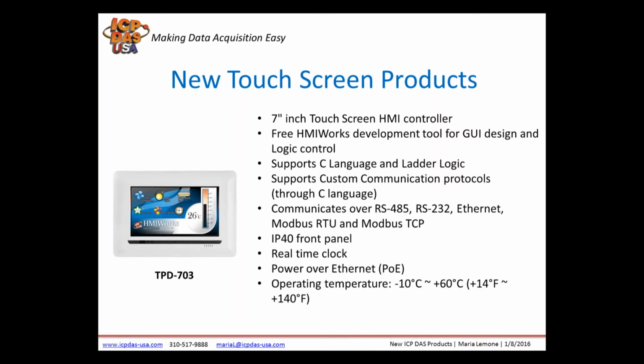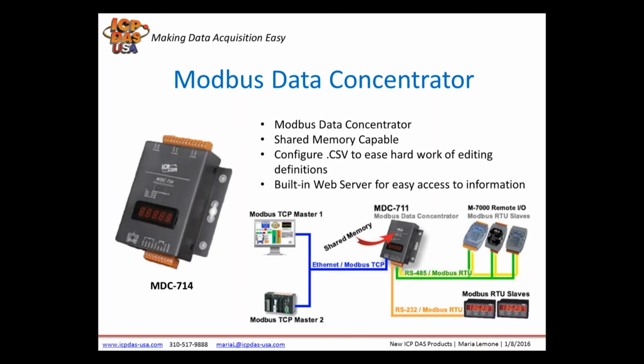We released Modbus data concentrators that perform up to 200 Modbus RTU commands to read or write to and from Modbus slave devices via RS-232 or RS-485. They allow up to 8 Modbus TCP masters to get the pulled data via Ethernet.